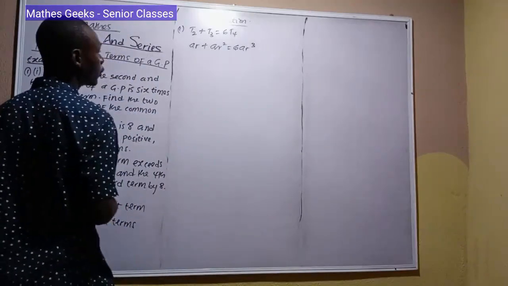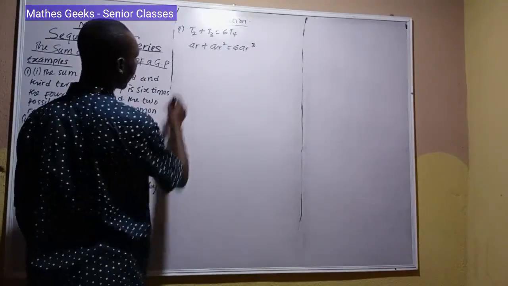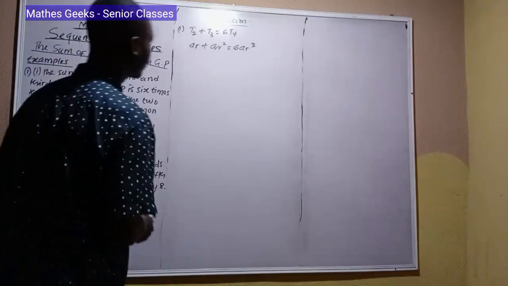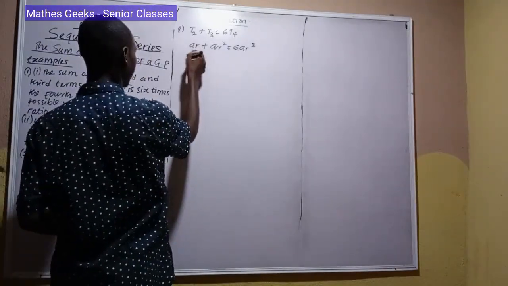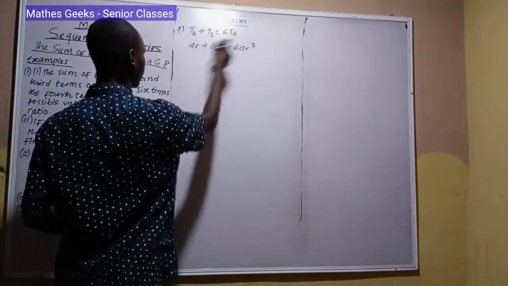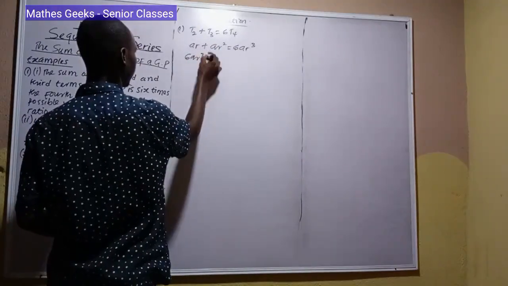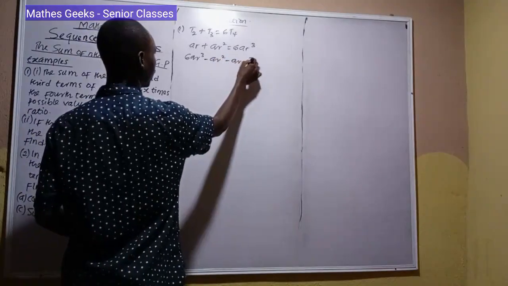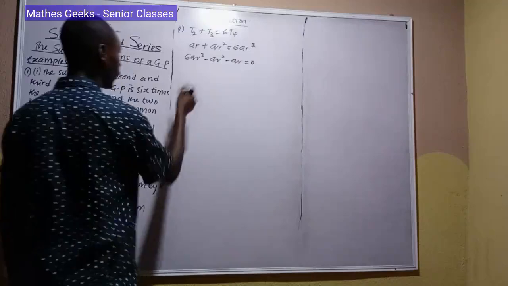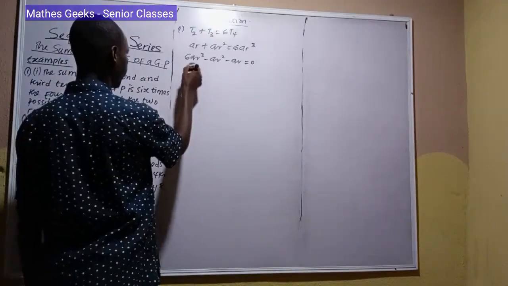Okay. Now what do we do? So you can bring this to this side, or bring everything to this side. 6AR to power 3 minus AR squared minus AR is equal to 0. So we factor AR out.